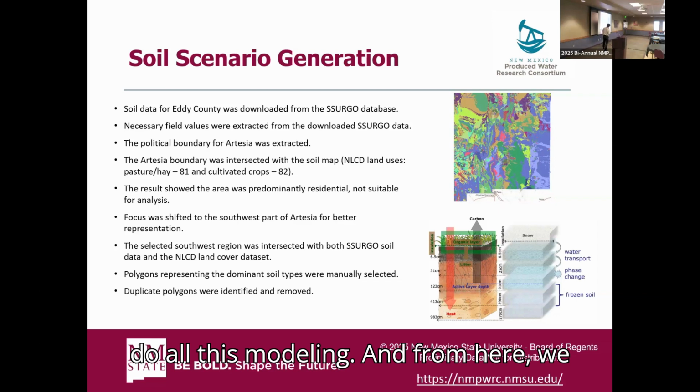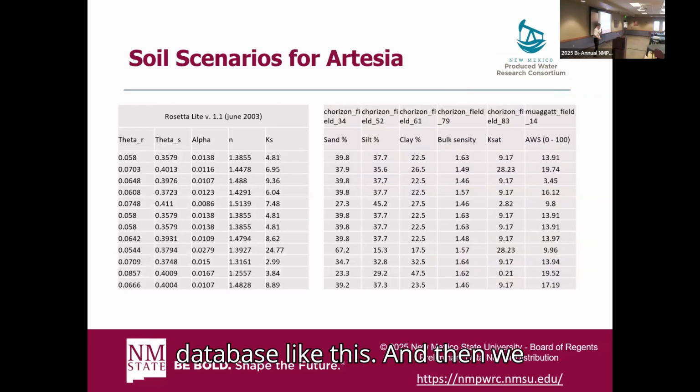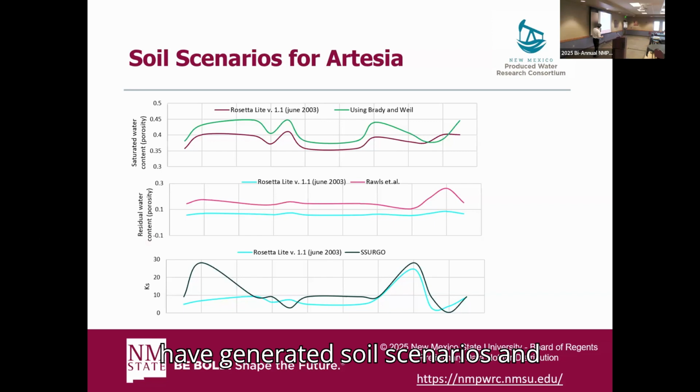And from here, we take a land cover data set from NLCD and a soil data set from SOGO, and we combine them to generate a soil database like this. And then we have generated soil scenarios and compared them with the existing Rosetta soil data set. And they have similar patterns, but slightly shifted.